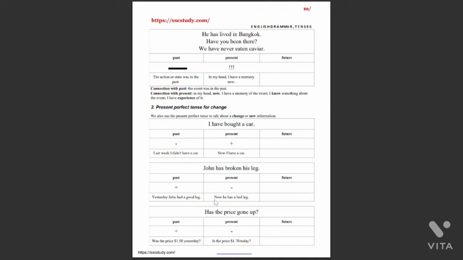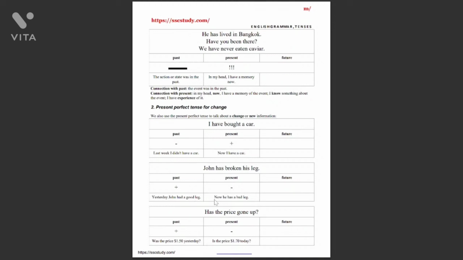He has lived. It's past. Somehow, somewhere in the past he lived in Bangkok. Have you been there? Somewhere in the past. We have never, somewhere in the past. Okay, these are the past tense.